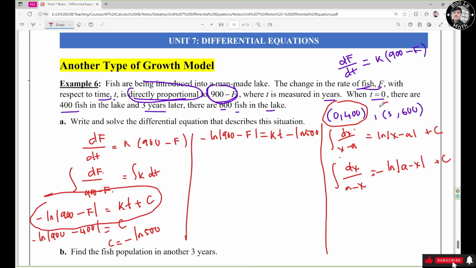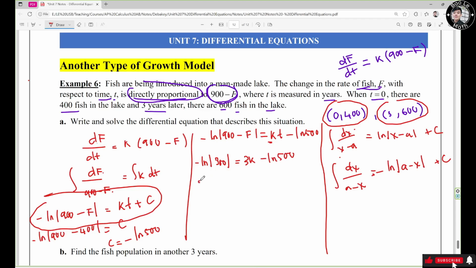Now I need to use the second order pair right here to solve for k. So I'm going to substitute over here. I have negative natural log of absolute value of 900 subtract 600, which is 300, equals t equals 3. So I have 3k minus natural log of 500. Now I'm going to add natural log of 500 to both sides.